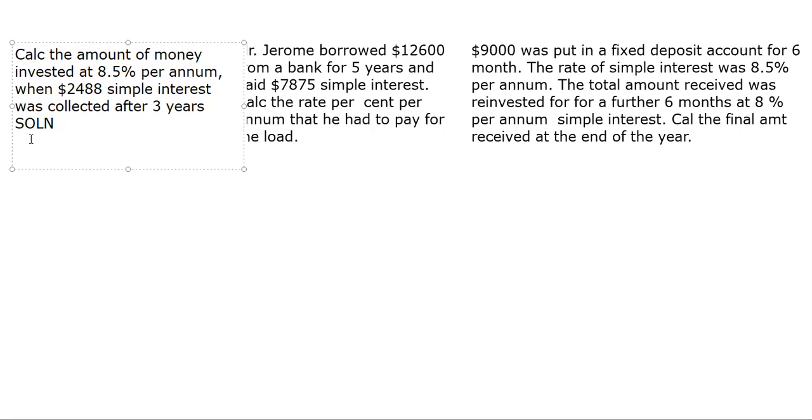So we are solving for our principal, and the formula for that would be 100I all over your rate by your time, which is 100 by your simple interest, which is 2488, all over your rate by your time, which is 8.5 by 3 years.